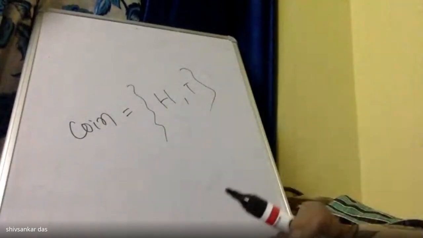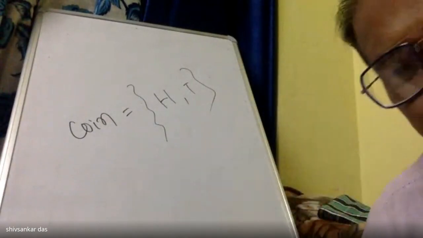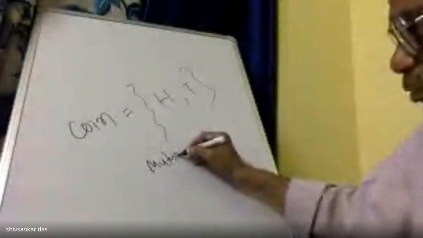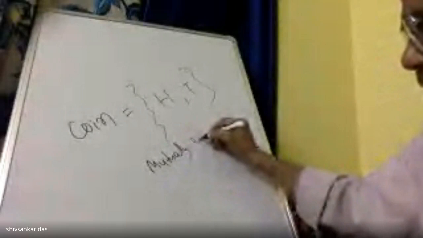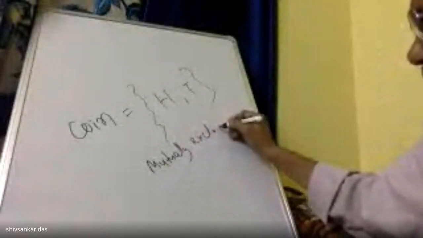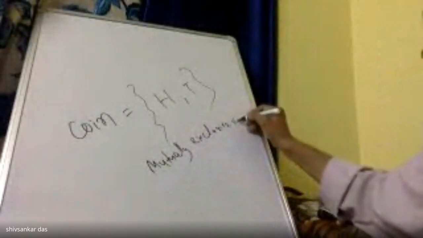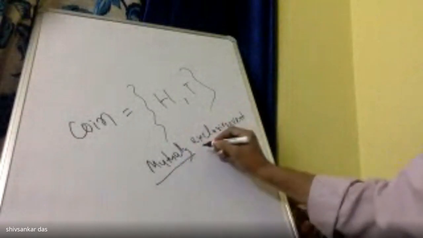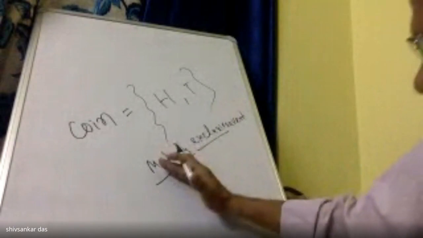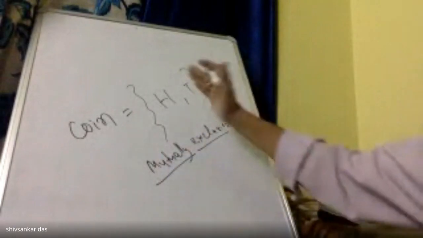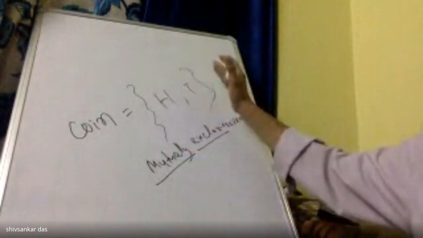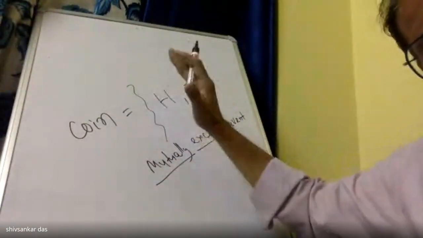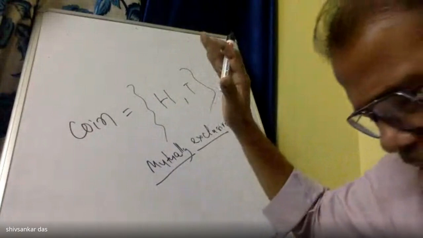So that is called a mutually exclusive event. This happens, this doesn't happen. If head happens, tail doesn't happen. If tail happens, head doesn't happen. This is called mutually exclusive.